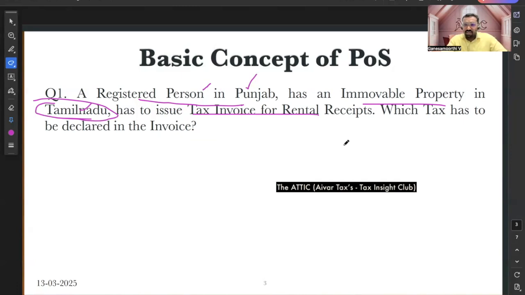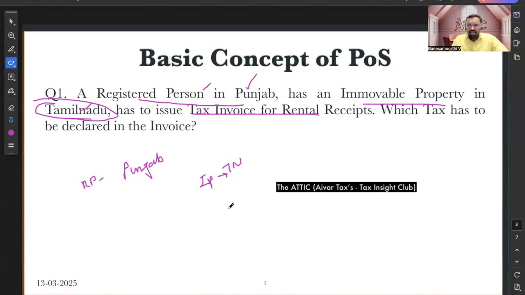What tax does he have to collect in his tax invoice? First, understand that he is registered in Punjab, and the immovable property is located in Tamil Nadu.